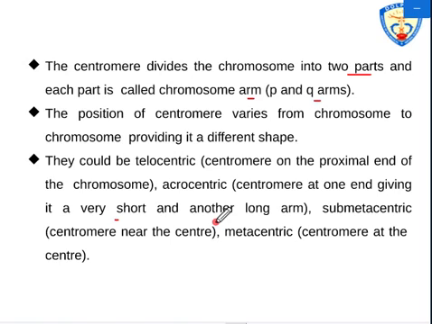Such chromosomes also appear like a J, so they are known as J-shaped chromosomes. Submetacentric chromosomes, where the centromere is present near the center. These are also known as L-shaped chromosomes. And metacentric chromosomes, where the centromere is placed at the center. These are also known as V-shaped chromosomes.